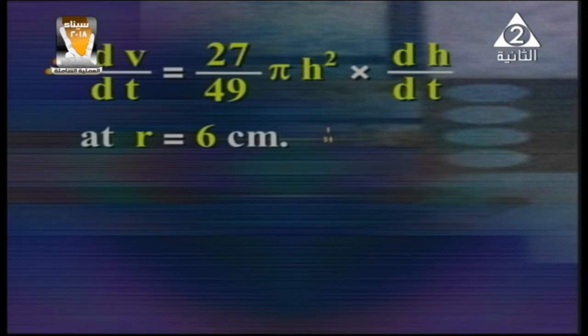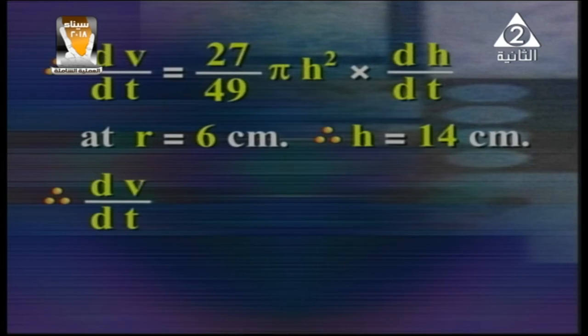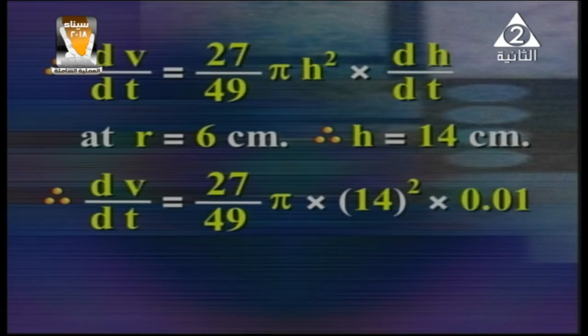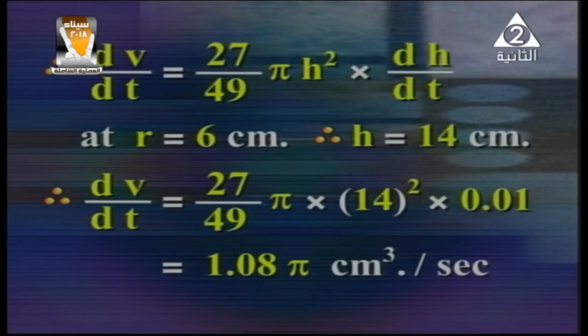then dV/dt equals 27/49 pi h squared times dh/dt. When r equals 6 centimeters and h equals 14, by substitution, dV/dt equals 27/49 pi times 14 squared times dh/dt, which is 0.01, equals 1.08 pi cubic centimeters per second.